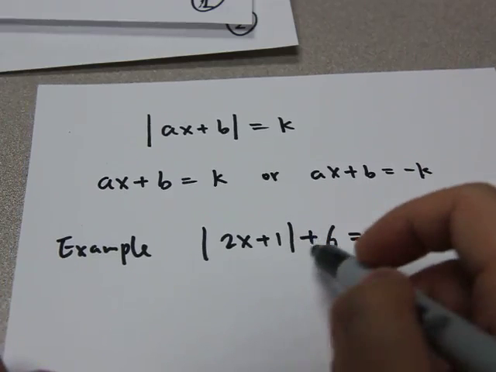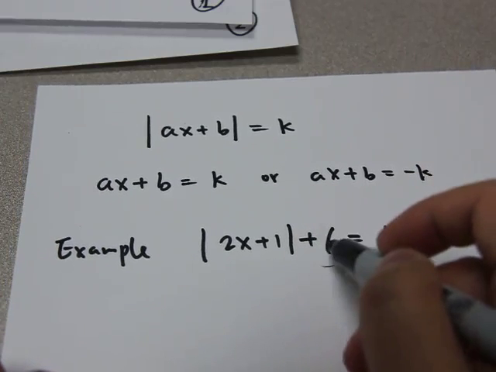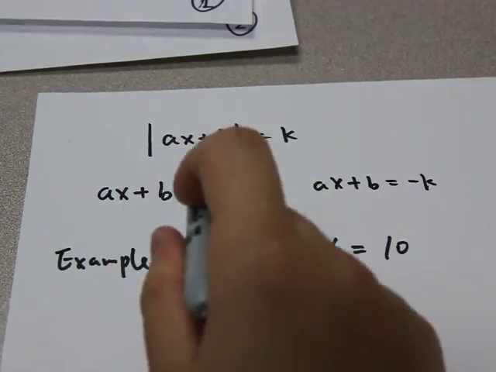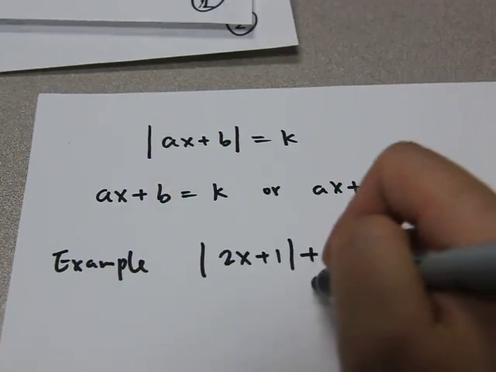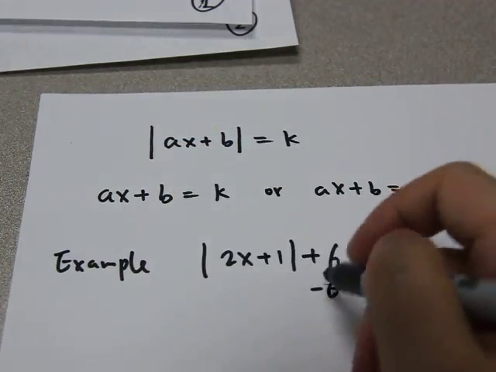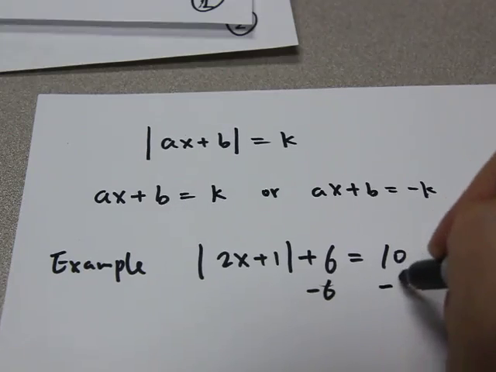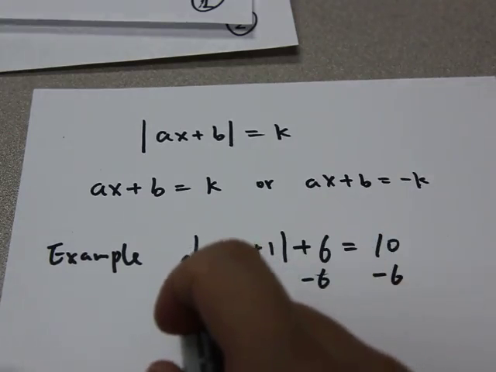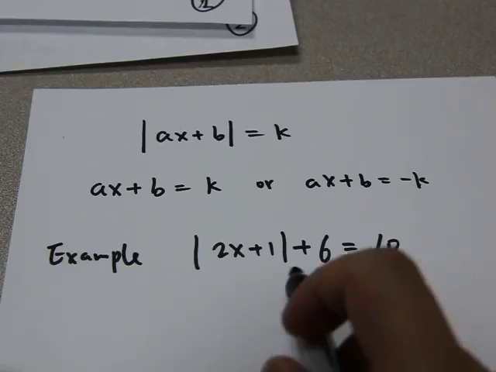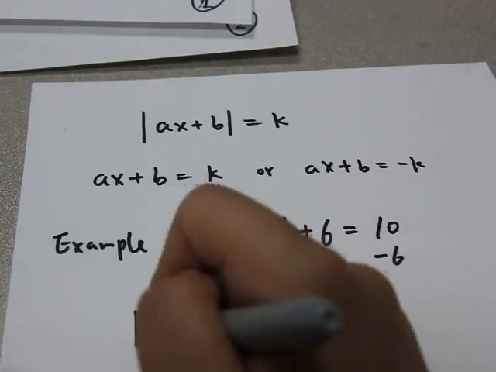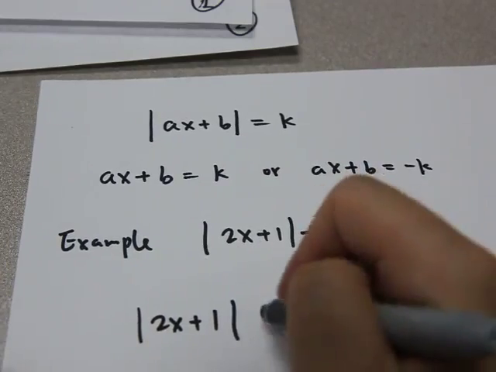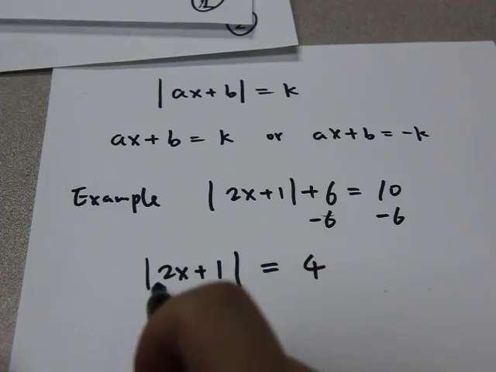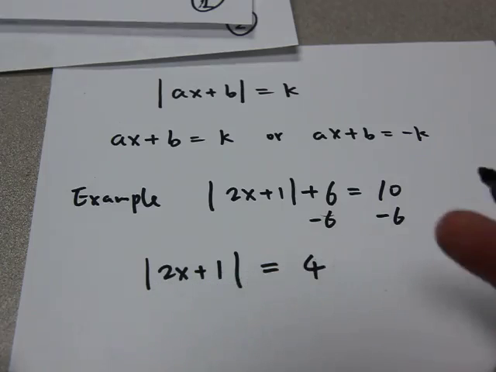So if we have another number on the left-hand side of the equation, then before we remove the absolute value sign, we have to remove this number and take it to the right. So therefore, before removing the absolute value, I subtract 6 from both sides. Now the equation becomes the absolute value of 2x plus 1 equals 4.